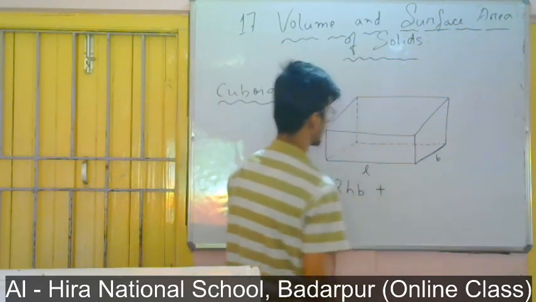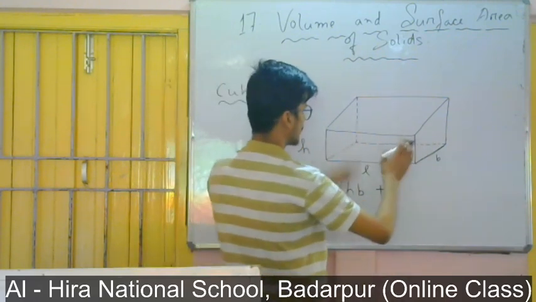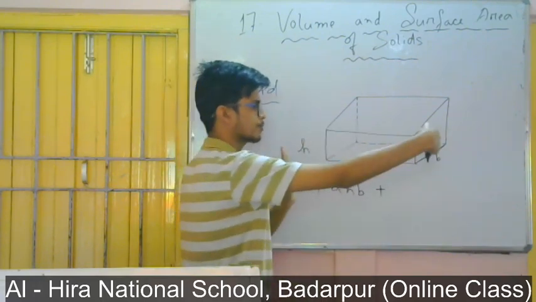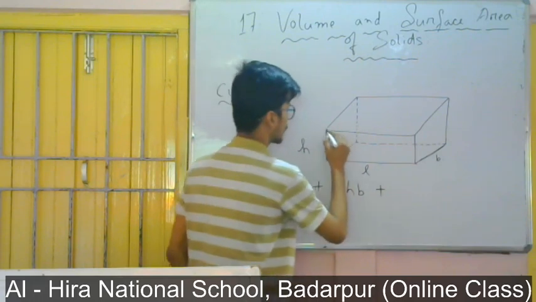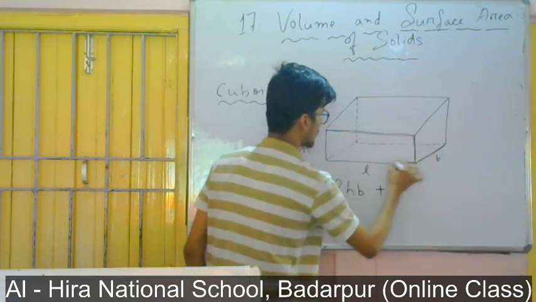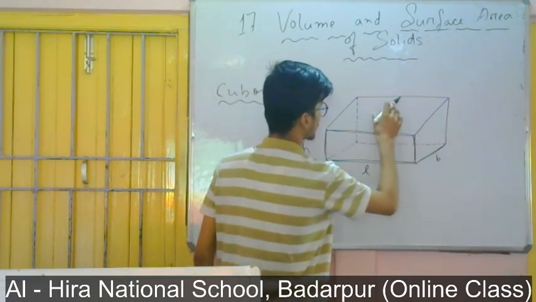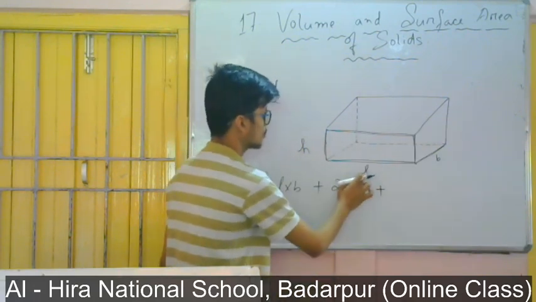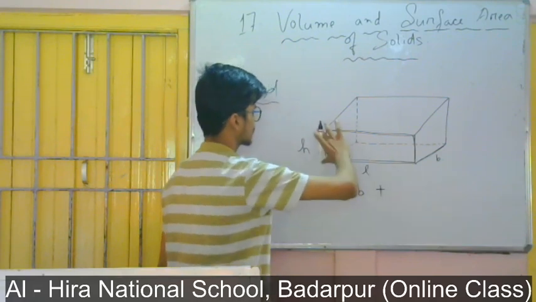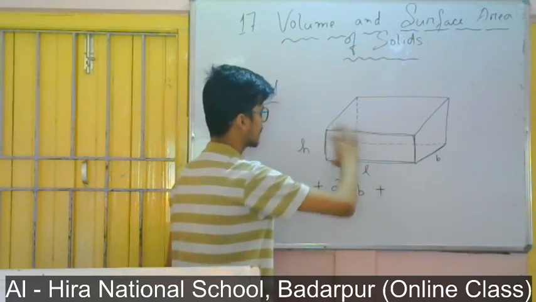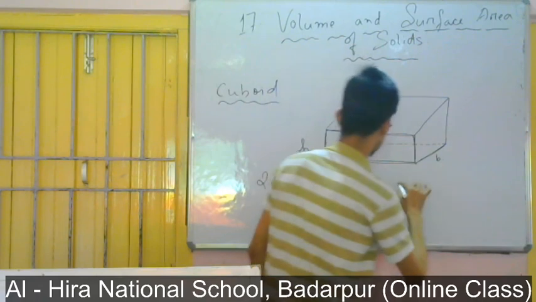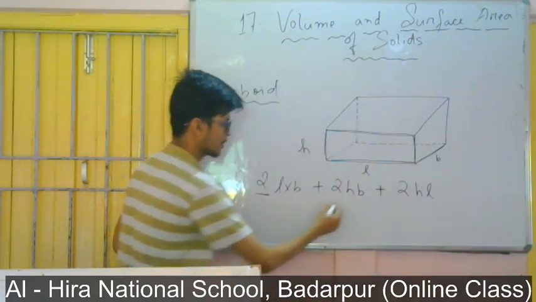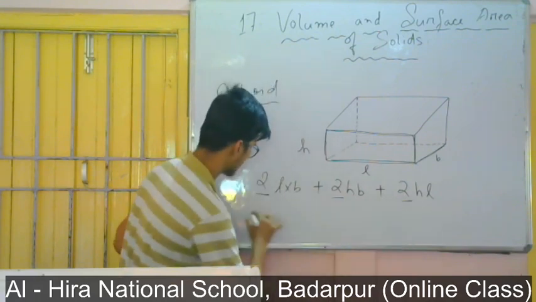First I have found the base and the upper part, then both the sides. Now I will find for the front side and the back side. The area of this one will be, this side is length, given as L, this one is given as H, so it will be H into L. Here 2, there also 2, there also 2, so I can take common.